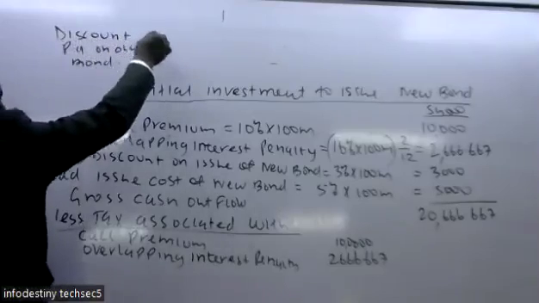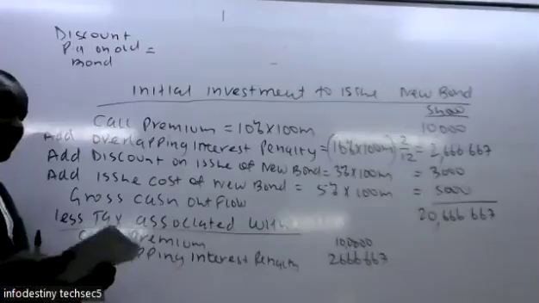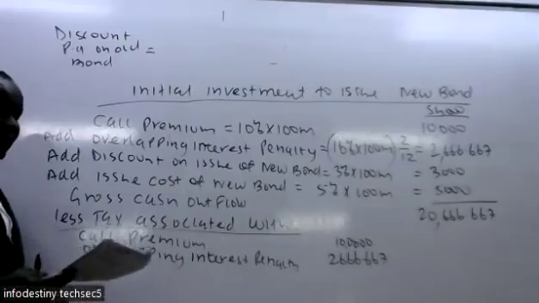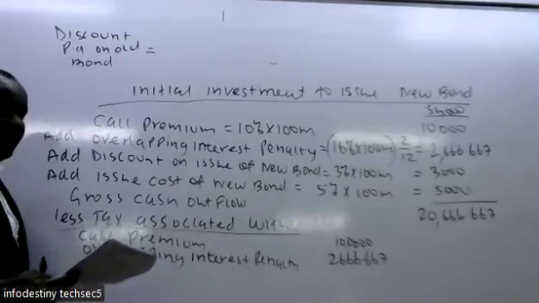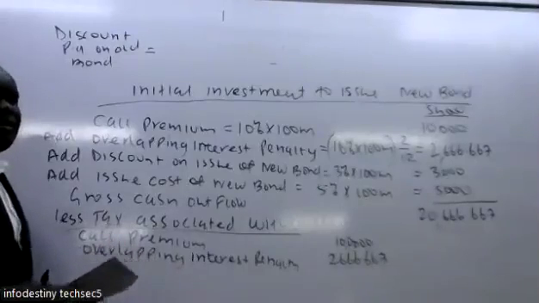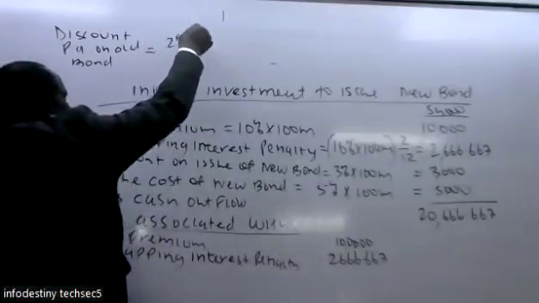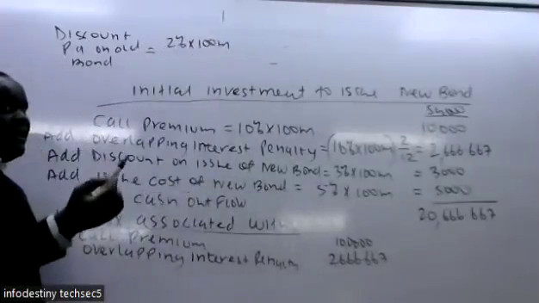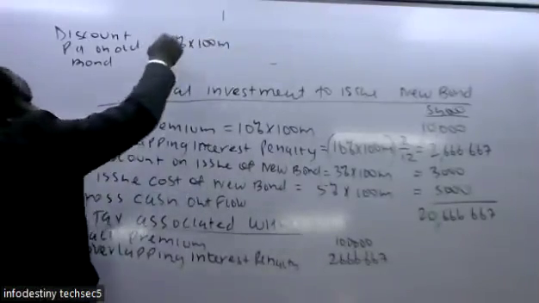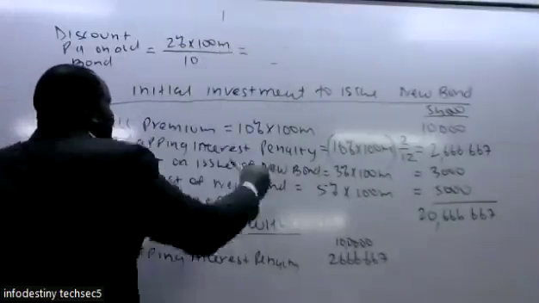So that discount per annum on the old bond, if you check in the first paragraph, they had said that the bond was issued at a 2% discount. So get 2% of the old bond, which was valued at 100 million, and divide by 10 years, because it was supposed to be there for 10 years.